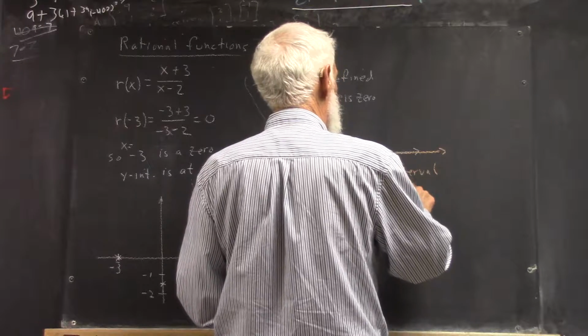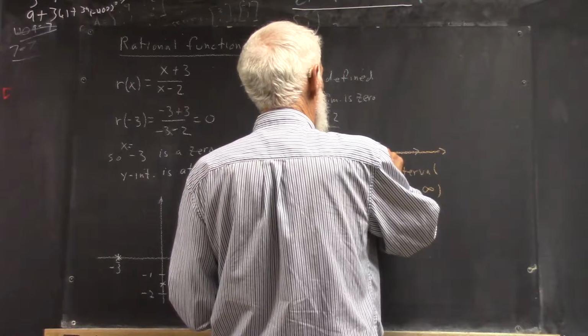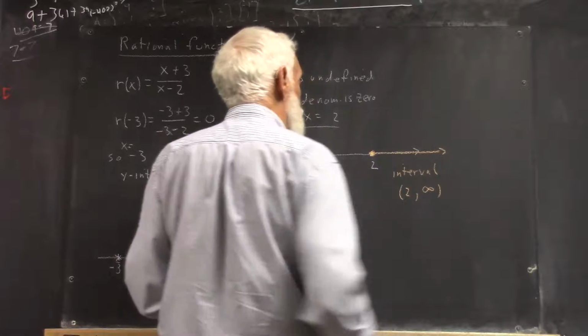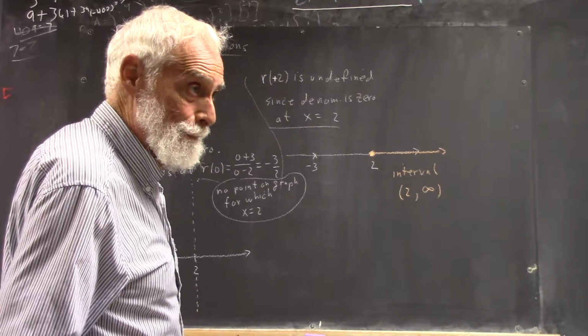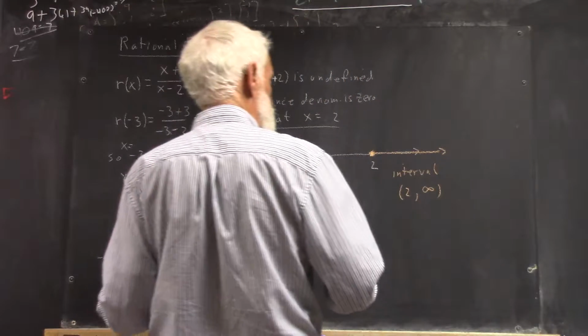That's the interval from 2 to infinity. We don't include 2, so I'll put a big old closed dot there. Okay? There's our interval from 2 to infinity.